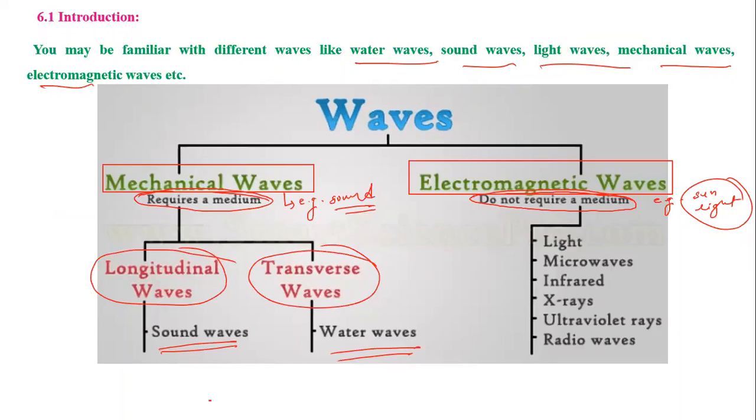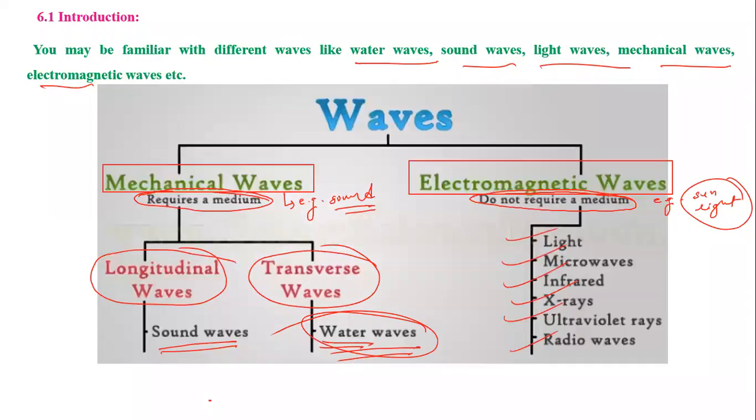The wave produced in the rope is a transverse wave, or a water wave. So water wave is a transverse wave. Then electromagnetic waves: sunlight, microwave, infrared rays, X-ray, UV rays, radio waves. These are examples of electromagnetic wave.